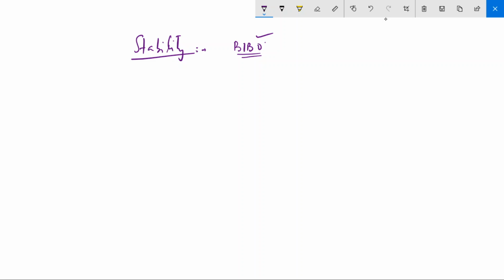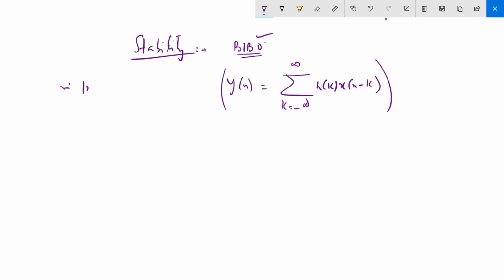Again here y[n], which is the summation of h[k] x[n minus k] for an LTI system. Let us assume that your input is finite. It means the magnitude of x[n] is less than b for all n. Your input is bounded. For any value of n, the magnitude of x[n] is less than b.